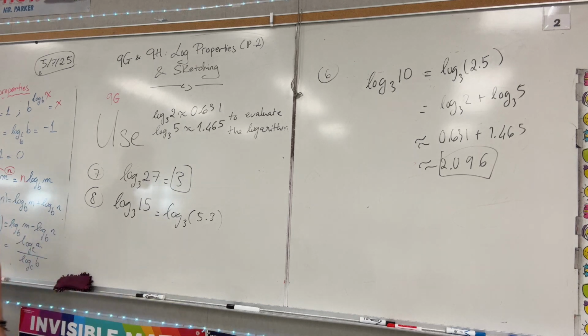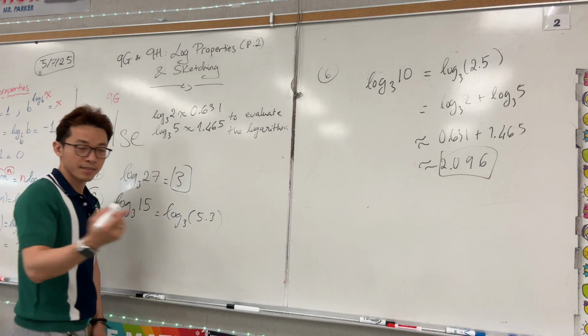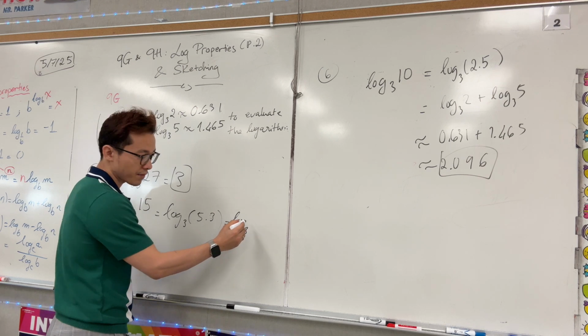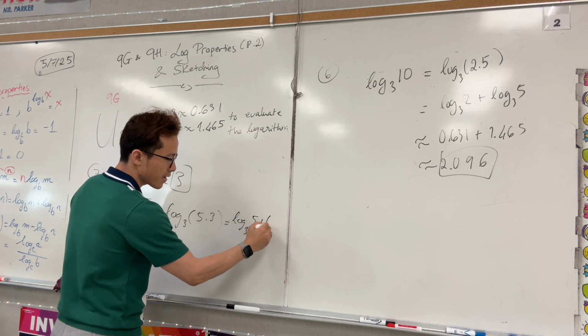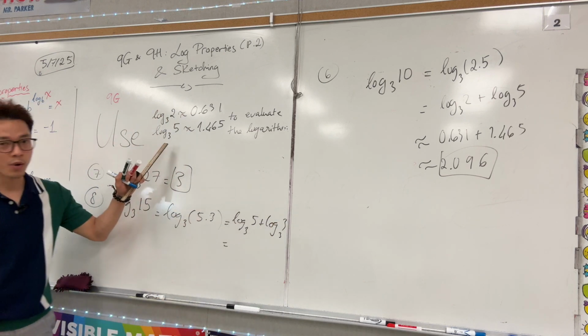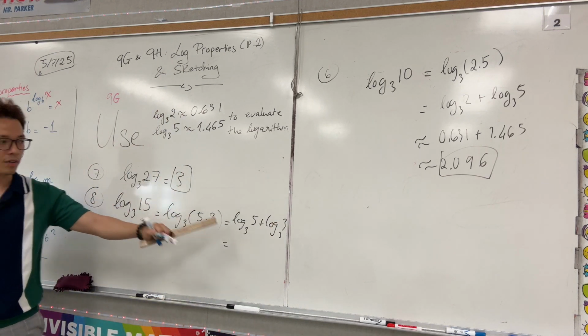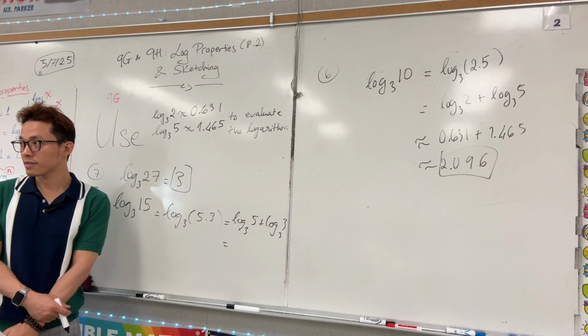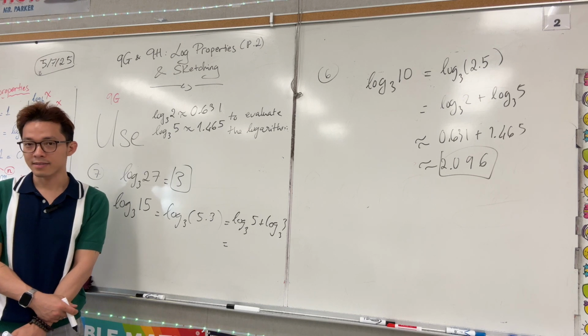What does the multiplication mean? So you're going to have log base 3 of 3 plus log base 3 of 5. Okay, now what is the log base 3 of 5? It's given. What is the log base 3 of 3? 1. Right?